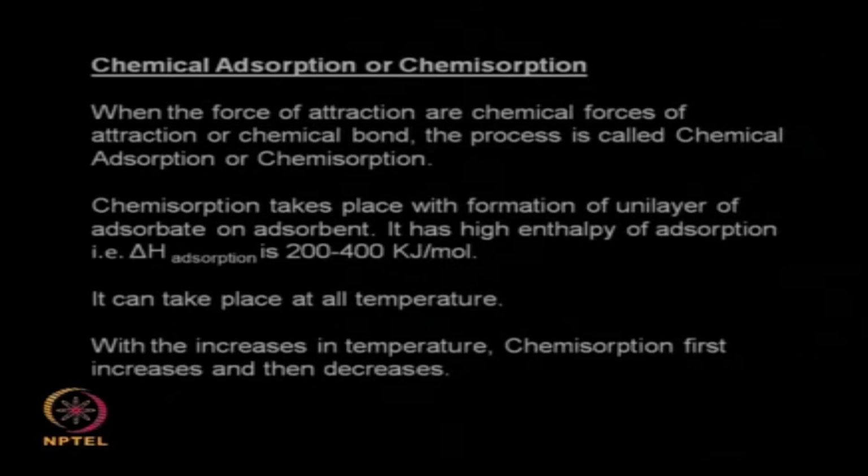It can happen at all temperatures, that means much above the vaporization or boiling point. With the increase in temperature, chemisorption first increases and then starts decreasing, whereas in physisorption with increasing temperature the process keeps going down all the time.